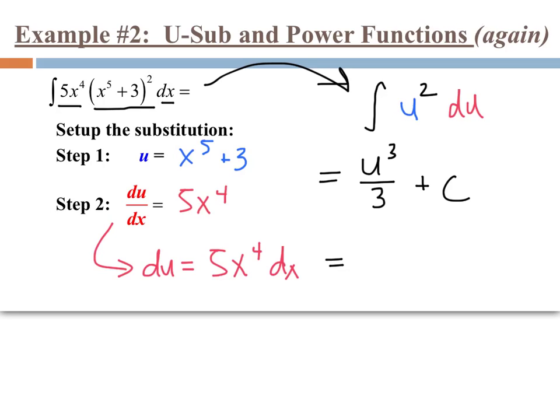And in our final step, all we have to do is replace u with what we started with, x to the 5th plus 3 cubed, all divided by 3, plus c. You can go ahead and check that yourself to make sure that that gives us the original integrand when we take the derivative, or you can just trust me.